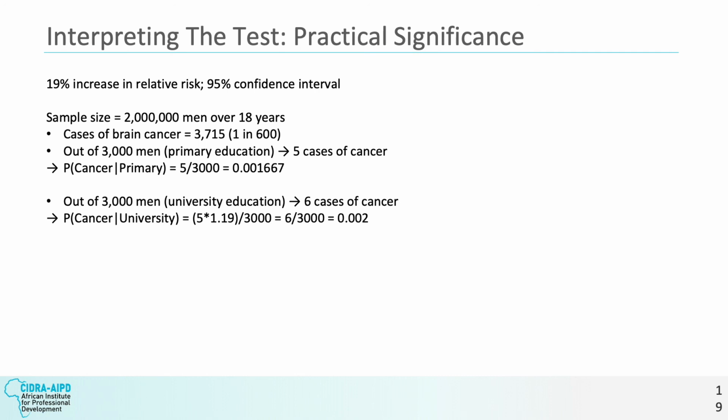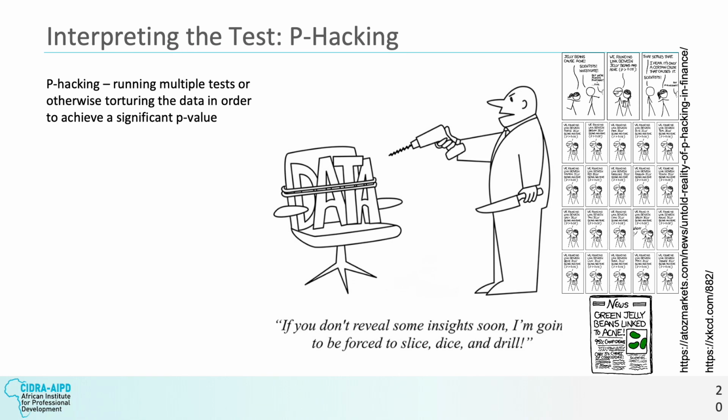The reason the study has statistical significance, but not much practical significance, is due to the very large sample size, so that even very small differences, such as 1 additional case of brain cancer, are magnified. Given enough data or enough tests, you can torture the data into saying anything.